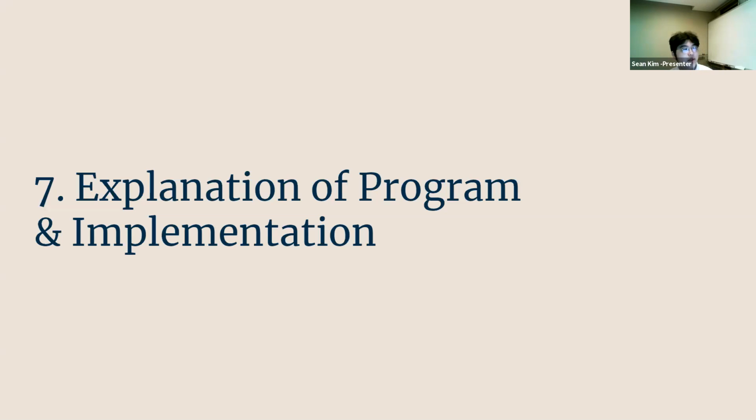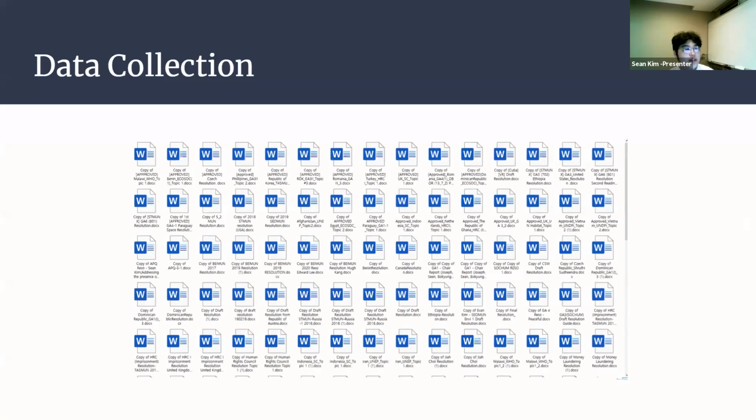So now comes the explanation of my program and the implementation. First of all, I had to collect a very large data set. I was able to gather around 200 MUN resolutions, pulling around 80 to 90 resolutions from what I wrote, and pulling the others from contributions that range from people I knew to certain MUN conferences volunteering to send me their resolutions.